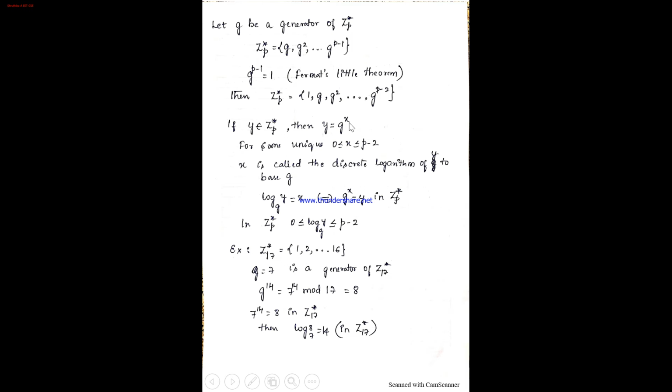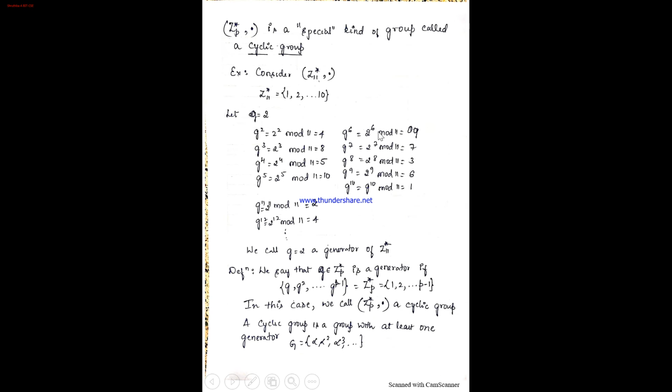In this set, if I take 5 as the value of Y, then 5 is equal to 2 to the power of 4. 2 to the power of 4 is equal to 5 mod 11. That is what we are trying to say here: Y is equal to G to the power of X, and 2 to the power of 4 is equal to 5 mod 11.